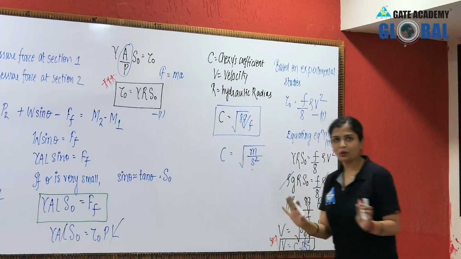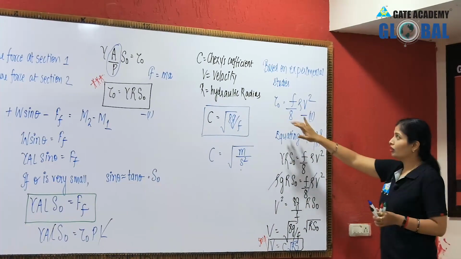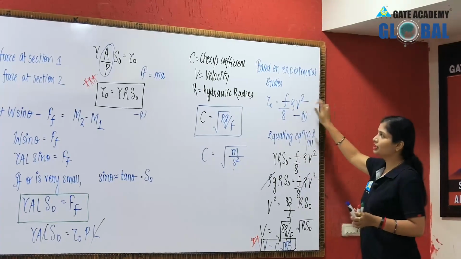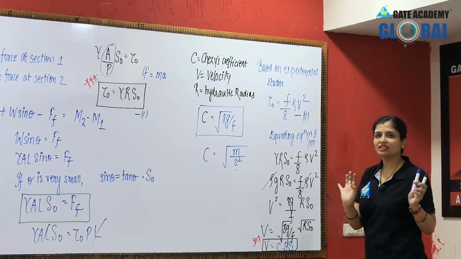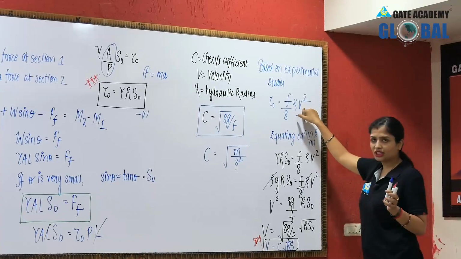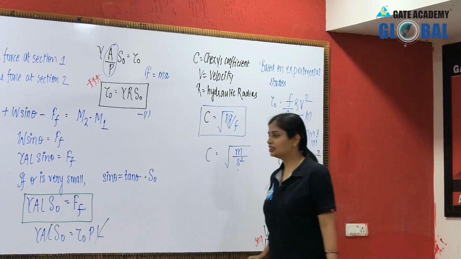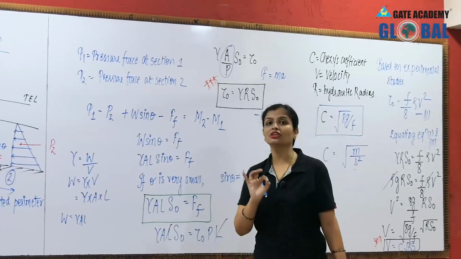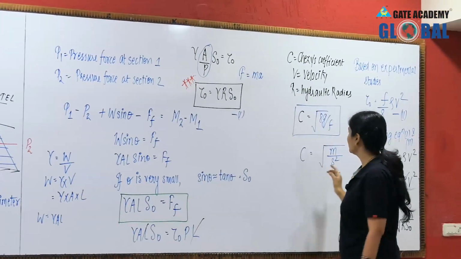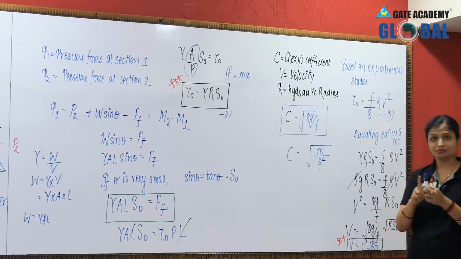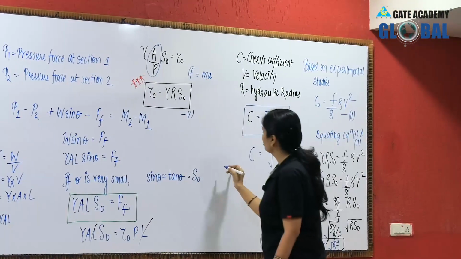I haven't told you what this f is till now. Tau naught is equal to f by 8 rho V square. I wrote it based on experimental studies, where V was your velocity, rho was your density. But till now, you have come across this F, that is your frictional force. But you haven't seen this small f. What is this? Nobody asked me also.